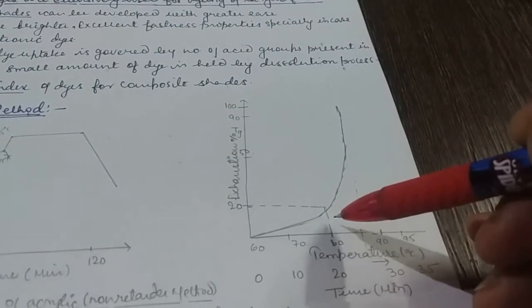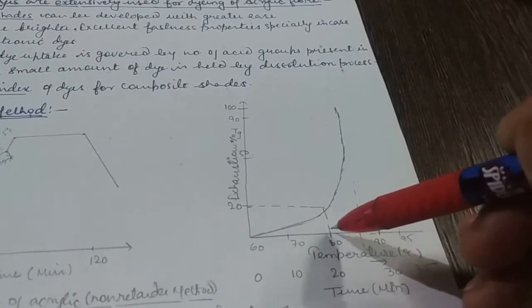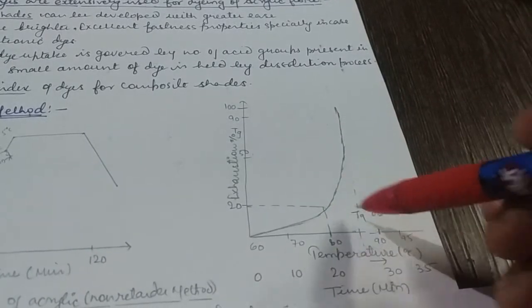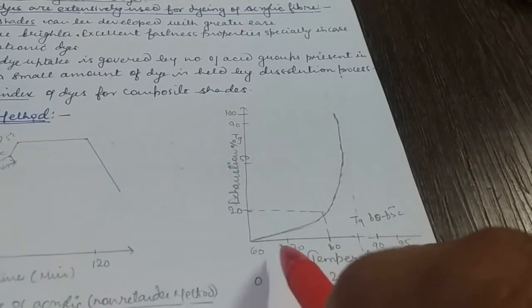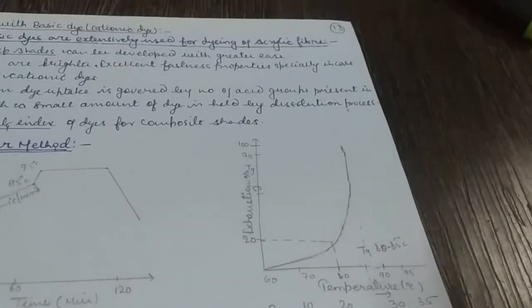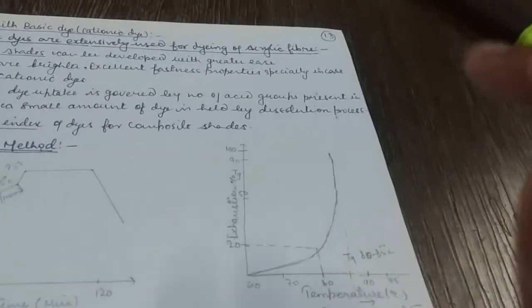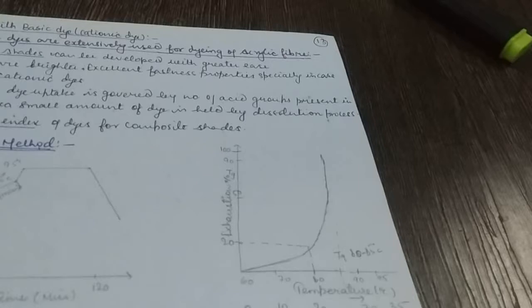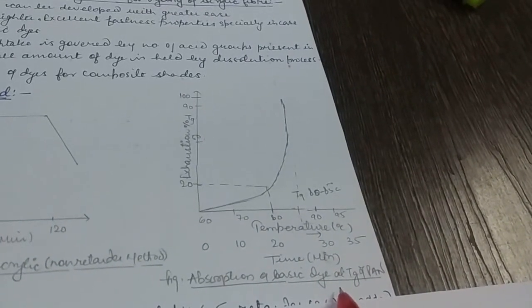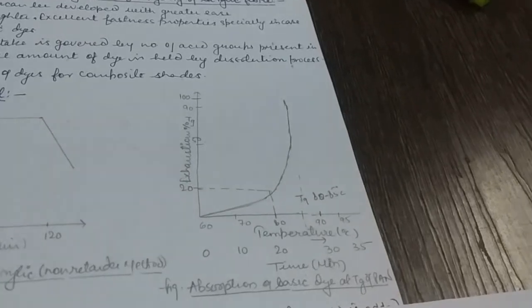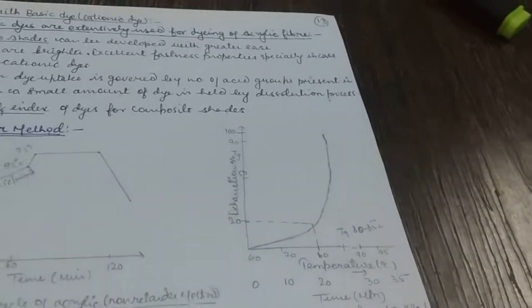The remaining 20% of exhaustion is taken up below 80 degrees centigrade and above 85 degrees centigrade. That is the absorption of basic dye around the glass transition temperature of the polyacrylonitrile.